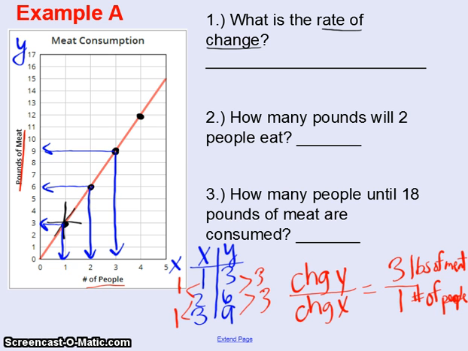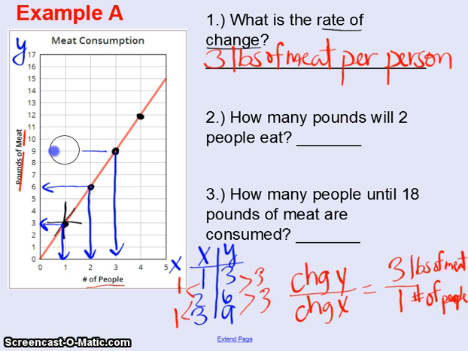Okay, so my rate of change is 3 pounds of meat per, and instead of number of people, we'll just put per person. Okay, so that's one way you can find your rate of change.